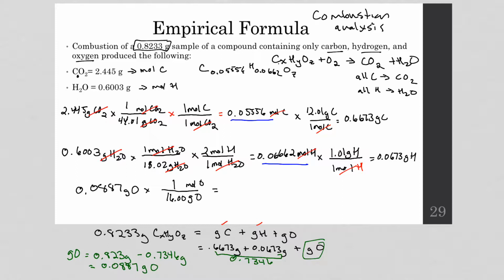And that's going to get me 0.00554 moles of oxygen. So now I have the third part, right?